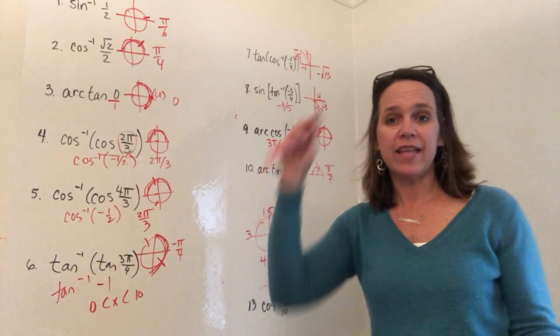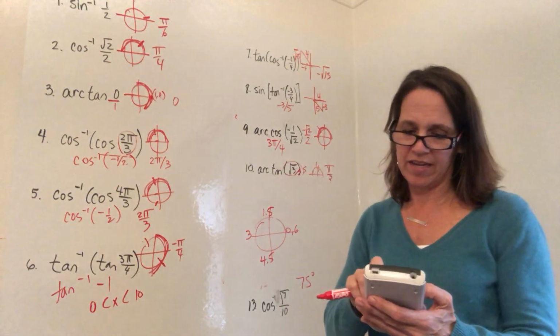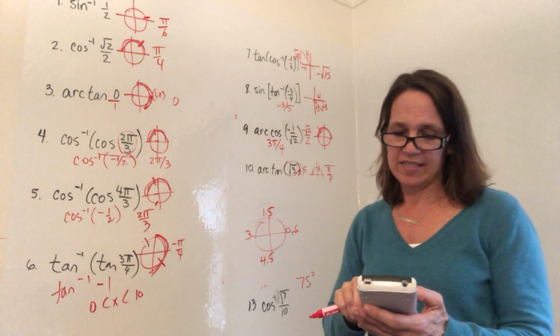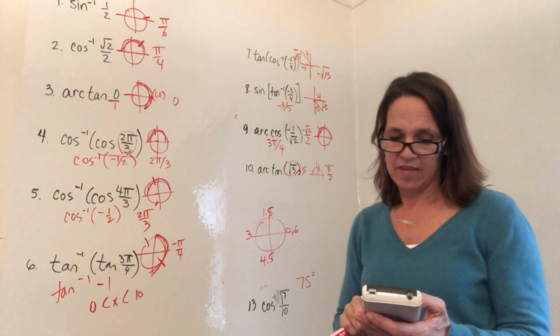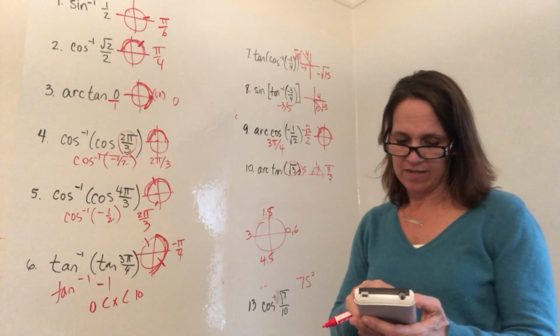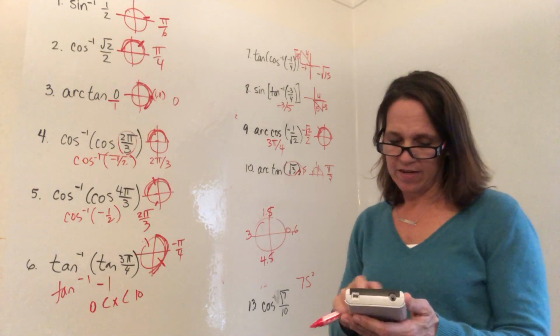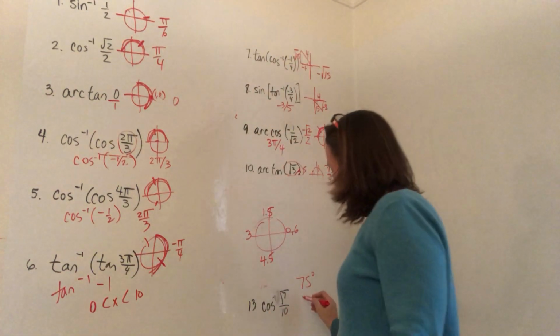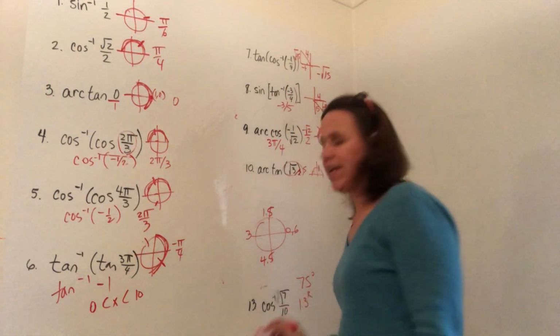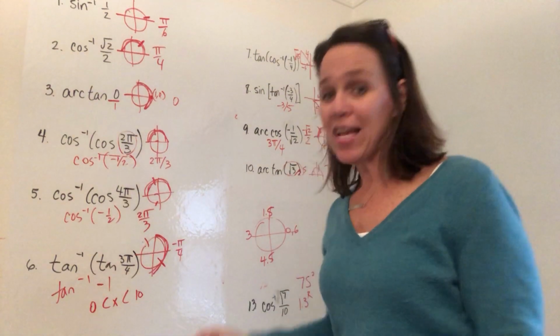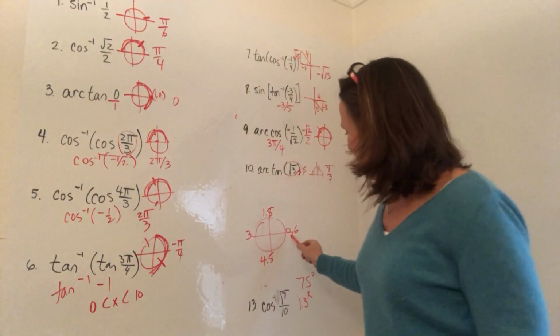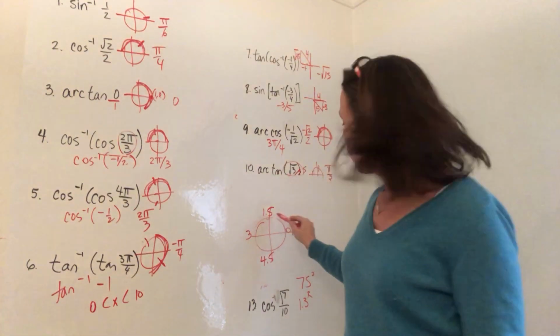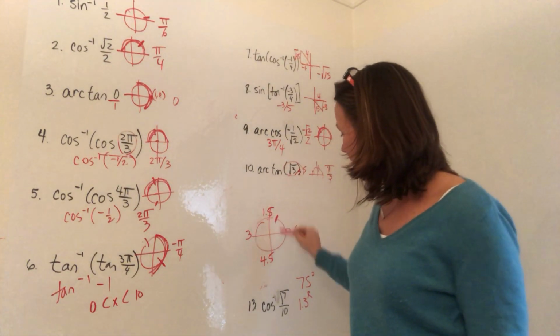I just want you to understand that because now if you put your calculator into radians instead of degrees and you hit inverse cosine square root of 7 close parentheses divided by 10, now I'm getting 1.3, okay? 1.3 radians. I want you to understand what that means. What 1.3 means is if this is 0 and this is 1.5, 1.3 is somewhere before that.